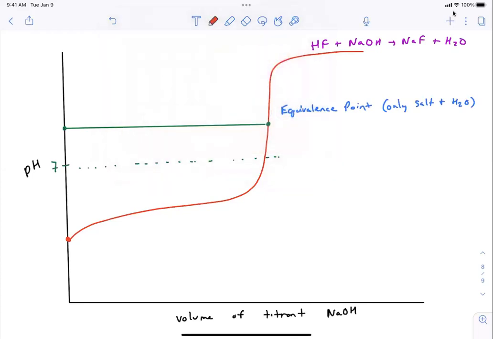At this point here, the first point, you have a majority of your HF. We'll make the little bar graph here. You have the majority of your HF and a little bit of F minus. Okay, no base added yet.